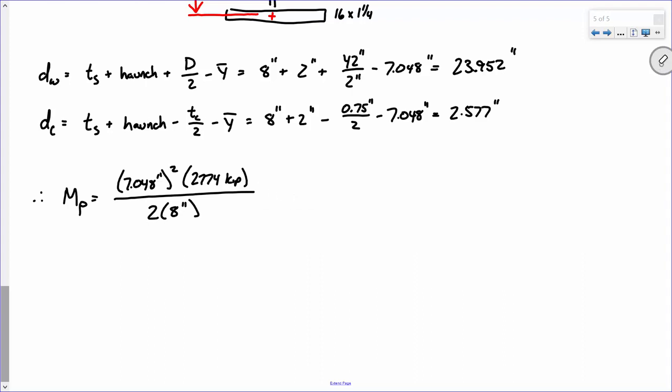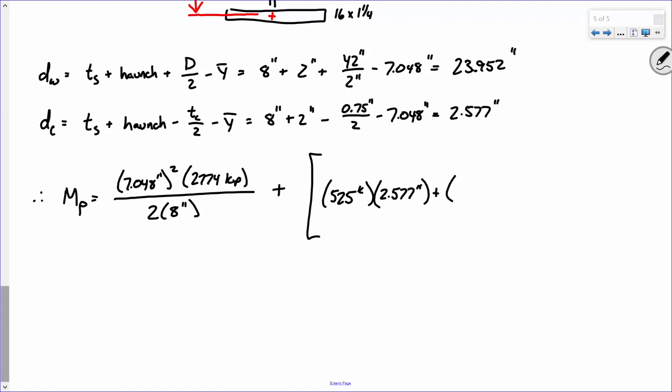And that's that first term, plus we had Pc dc, so Pc is 525, dc we just did is 2.577.